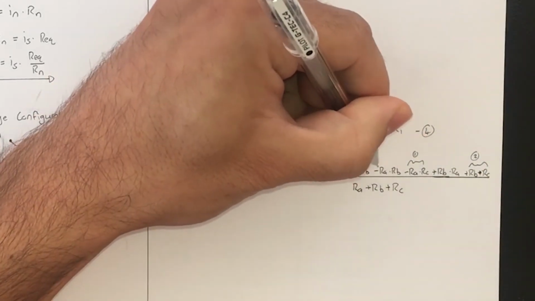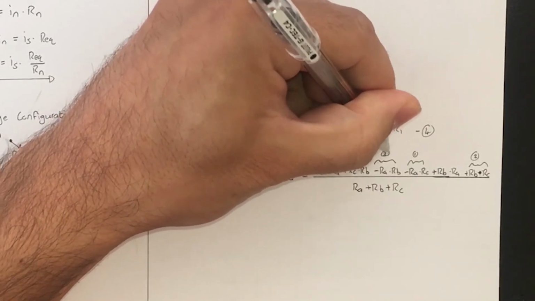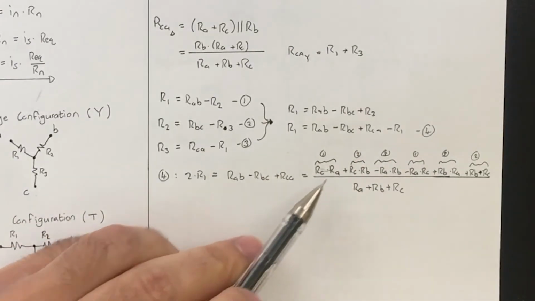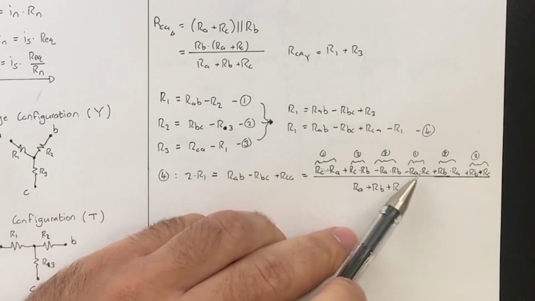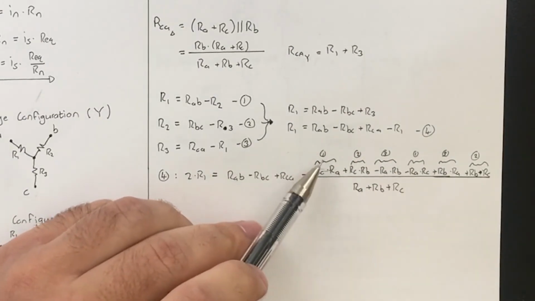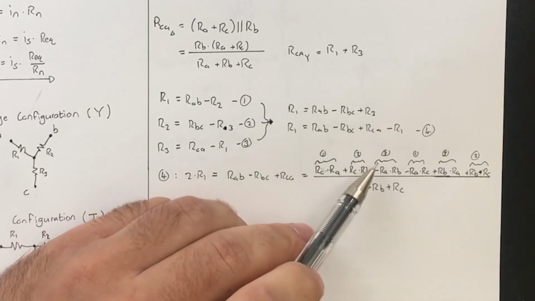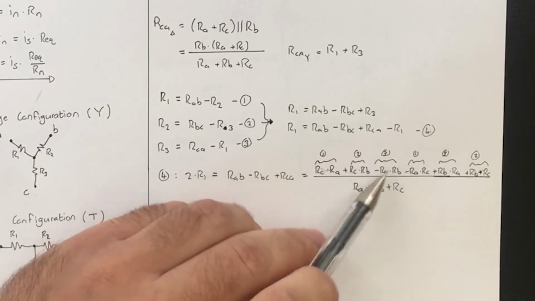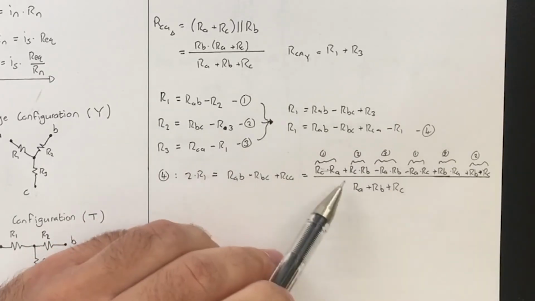And then RA, RB. So third like term. So we see that RA, RC, and RA, RC, our first similar term, cancel one another out. Similarly with RA and RB, over here, our third similar term, they cancel one another out.